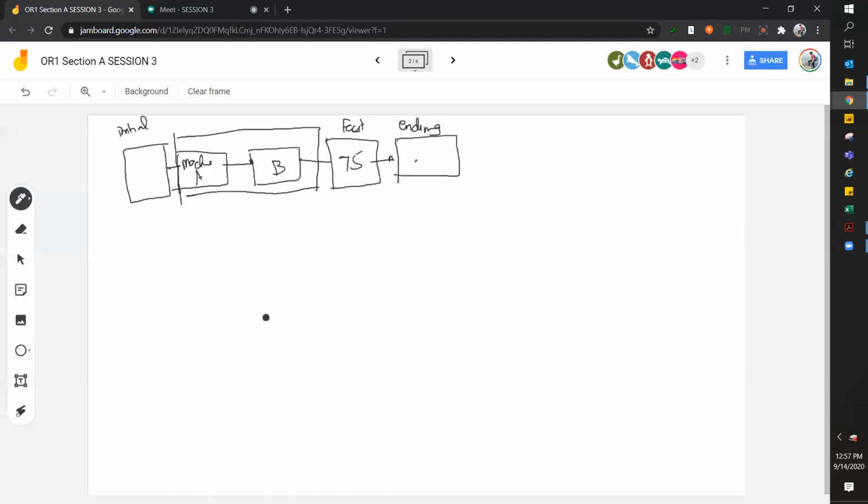Okay? So if I let my initial inventory be 30, it will process a certain X, where X is what we are going to produce.